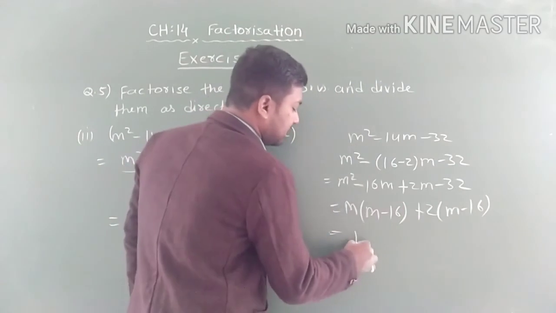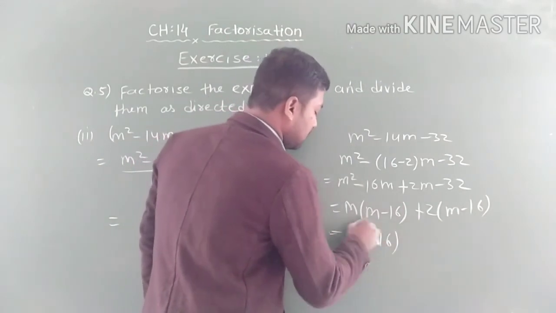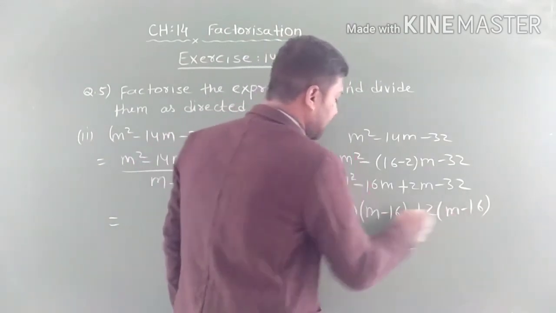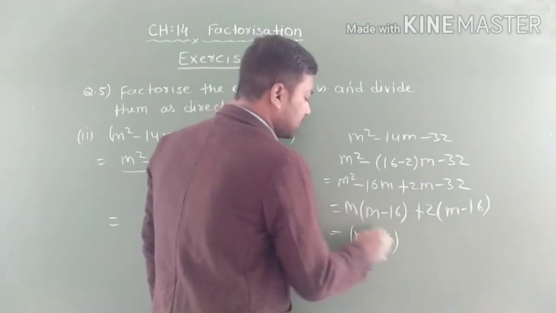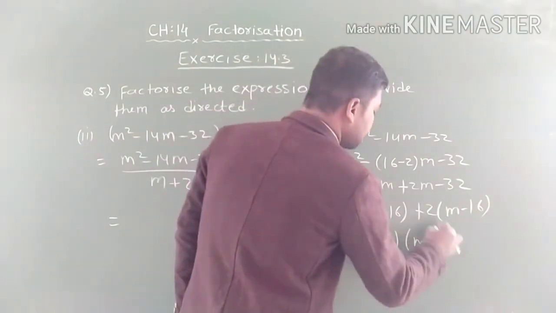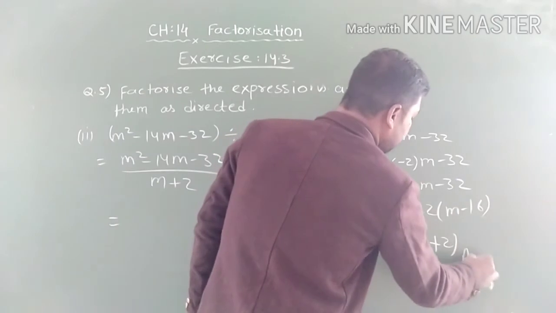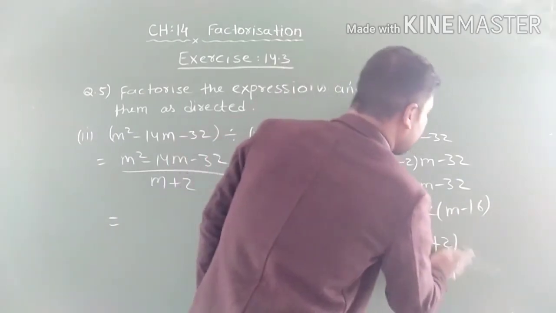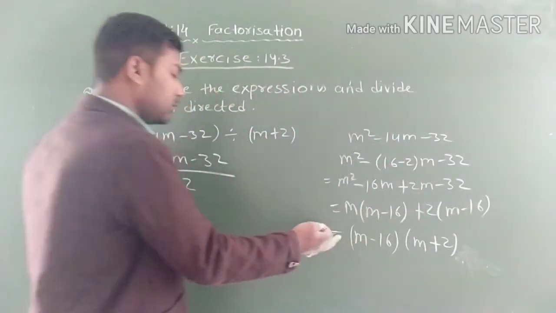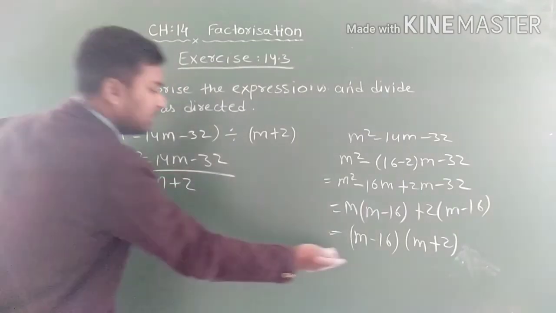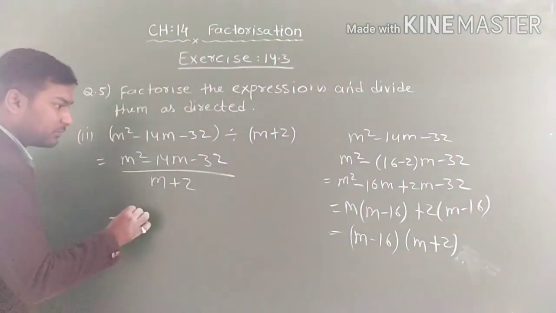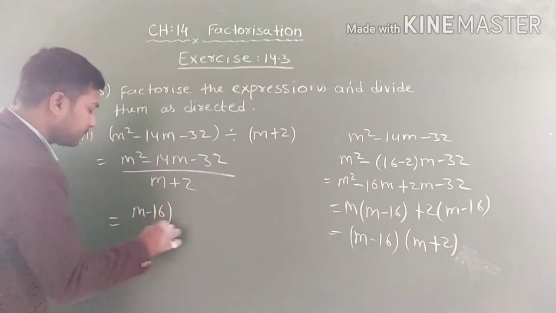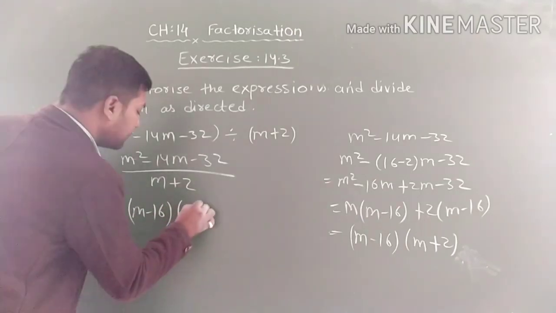Now m minus 16 is common in the first term and second term, so m is left plus 2 is left. Now this will be the factor of this term. So just write at the place of this, we can write the factors. So it will be m minus 16 and m plus 2.